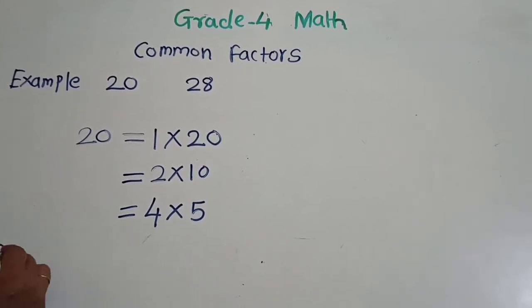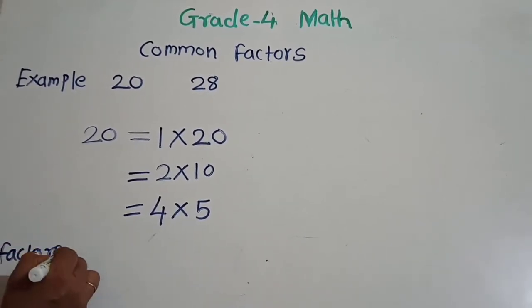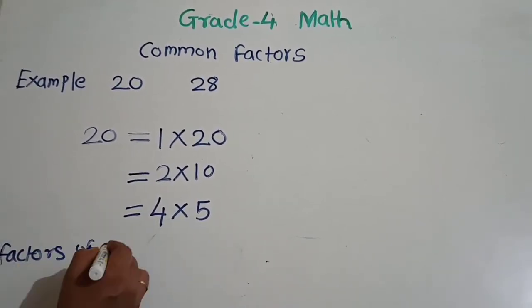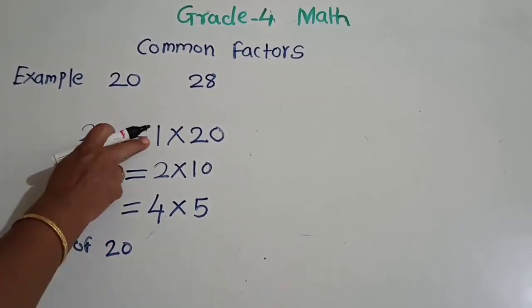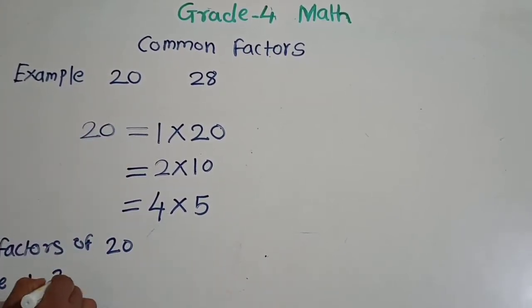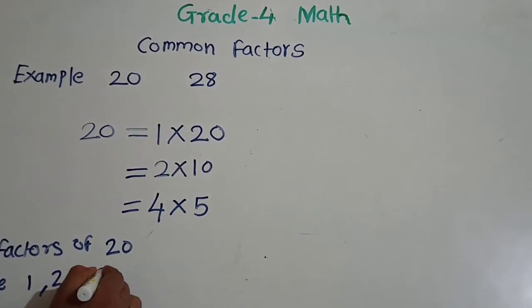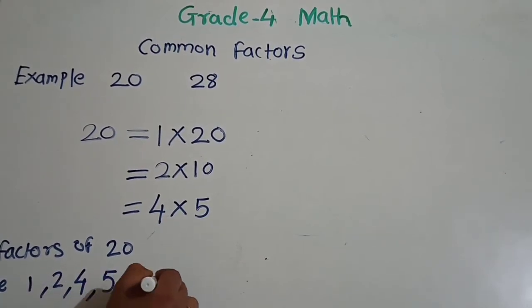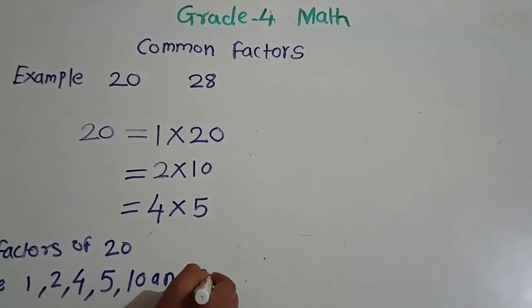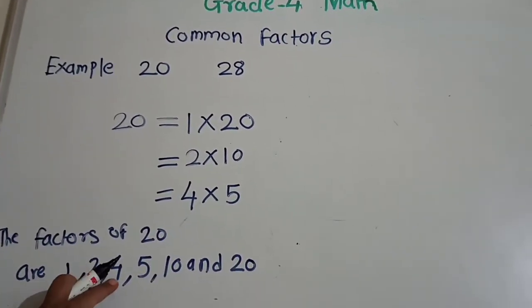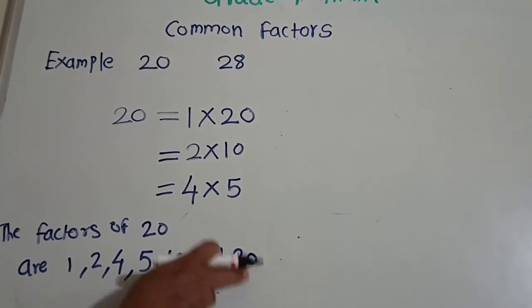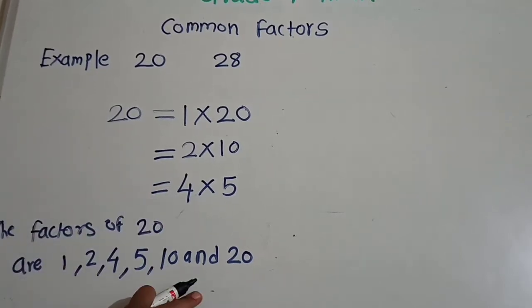The factors of 20 are 1, 2, 4, 5, 10 and 20.